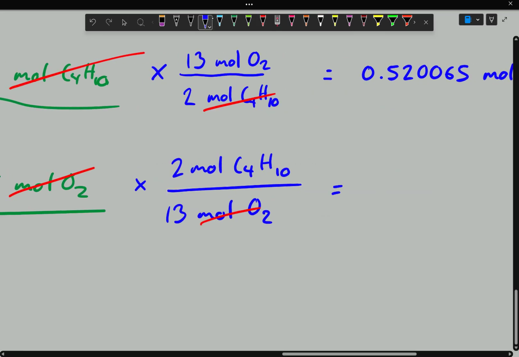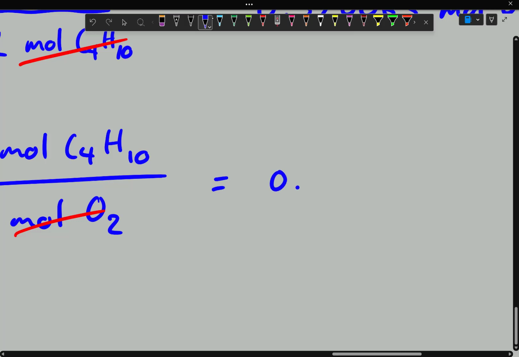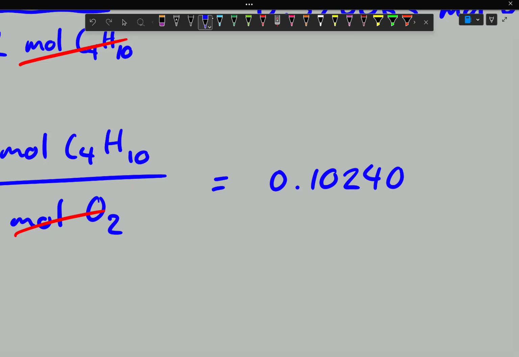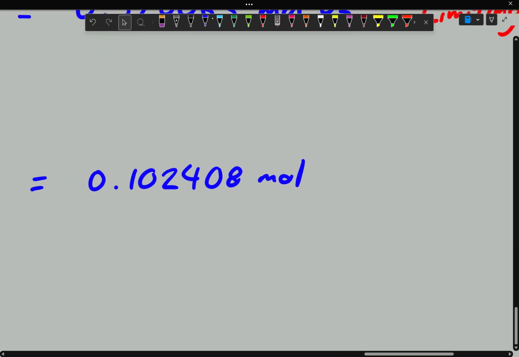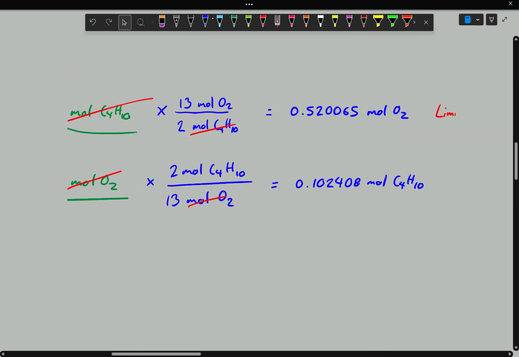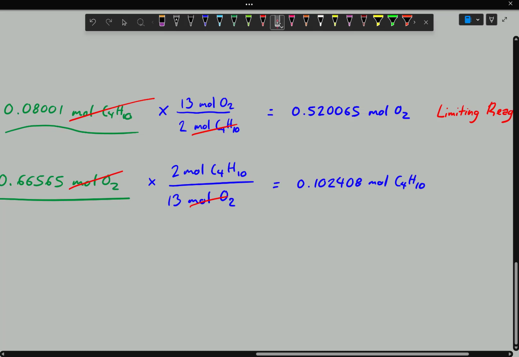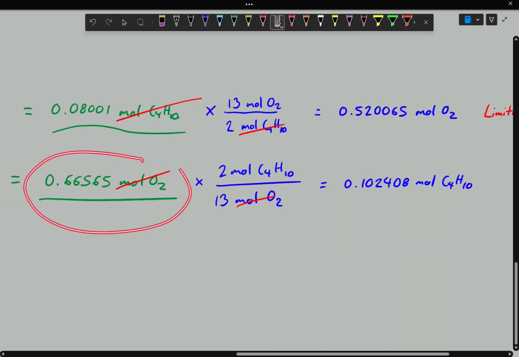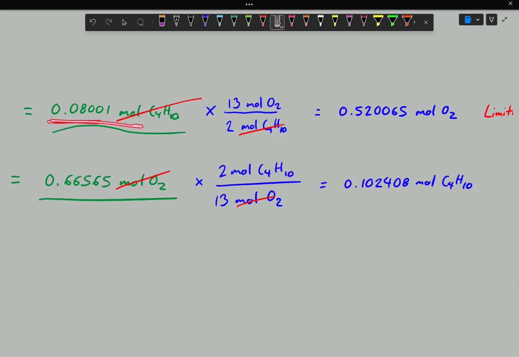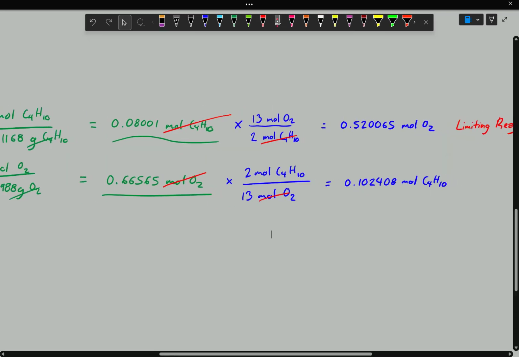If you perform this calculation, you'll be left with 0.102408 moles of butane. Notice that the amount of butane that this amount of oxygen reacts with is less than what you start with, right? So that means that oxygen is going to be left over at the end of the reaction. So hopefully that made sense.